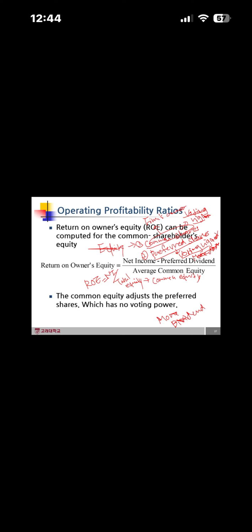So they try to measure the return on equity by subtracting the preferred dividend and considering only common equity to more accurately measure this ratio.